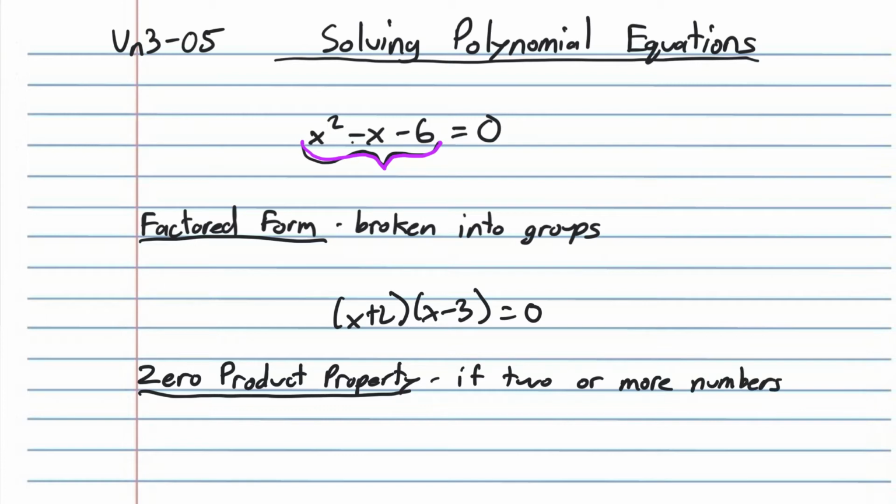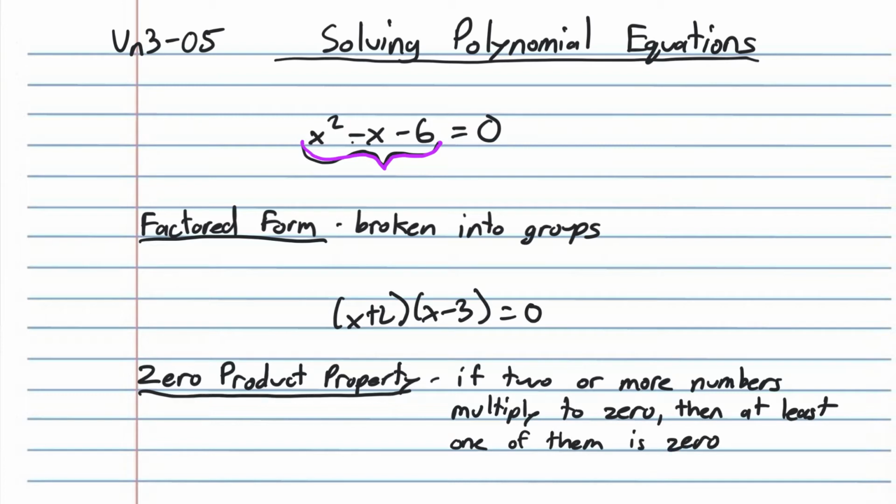If two or more numbers multiply to 0, then that means that one of those numbers has to be 0, because that's the only way you can multiply to 0. So if two or more numbers multiply to 0, then at least one of them is 0.